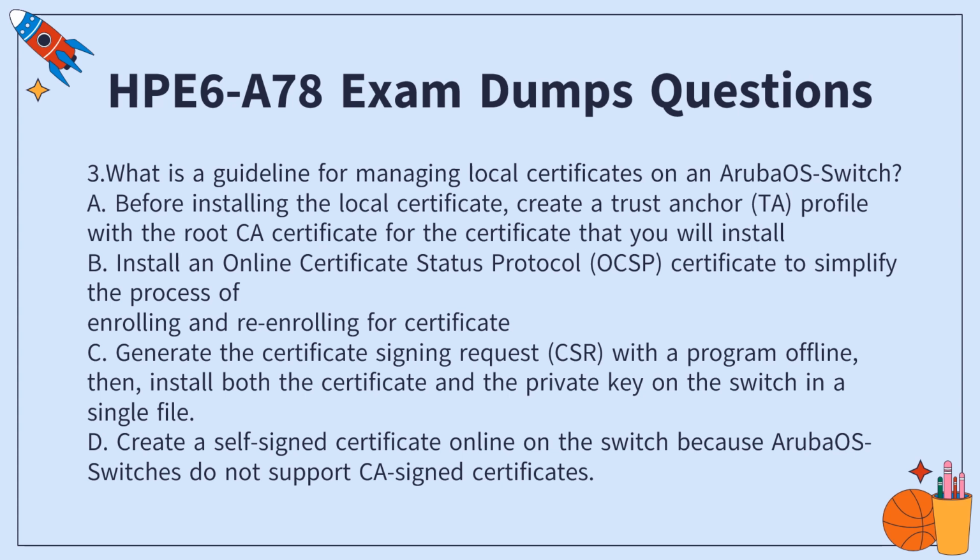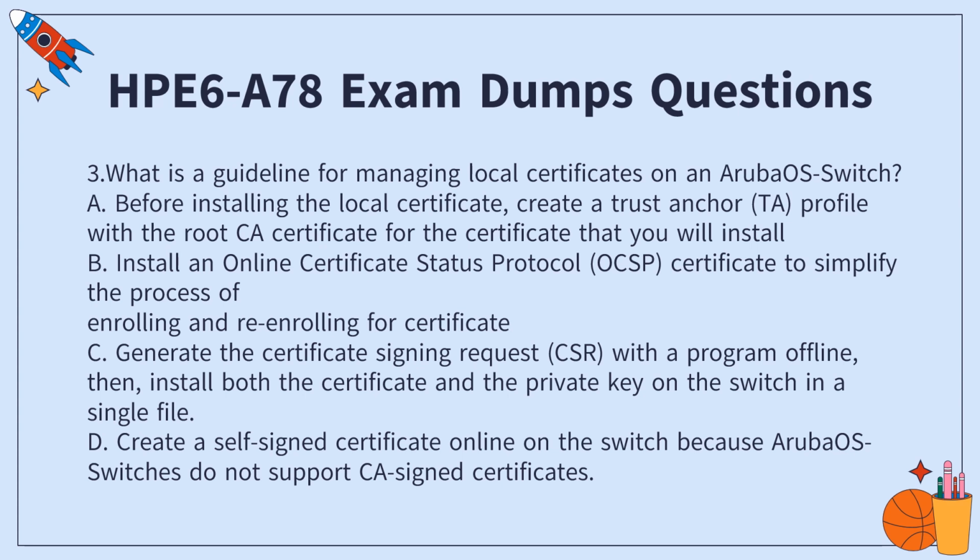3. What is a guideline for managing local certificates on an ArubaOS switch? A. Before installing the local certificate, create a trust anchor (TA) profile with the root CA certificate for the certificate that you will install. B. Install an Online Certificate Status Protocol (OCSP) certificate to simplify the process of enrolling and re-enrolling for certificates.